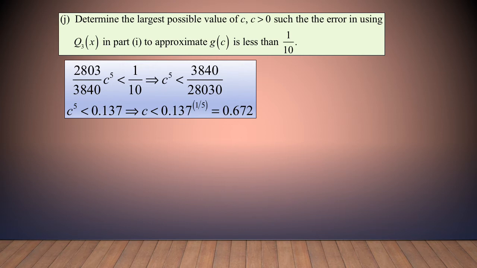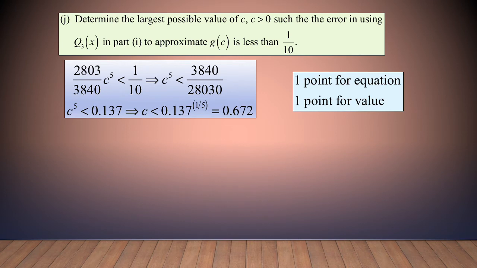So that gives us C to the fifth has to be less than 3840 over 28,030. Doing the arithmetic, C to the fifth is less than 0.137, and therefore, if we raise both sides to the 1/5 power, we get that C is less than 0.137 to the 1/5 power, which is 0.672. 2 points for this problem, 1 point for the equation, and then 1 point for the value of C.